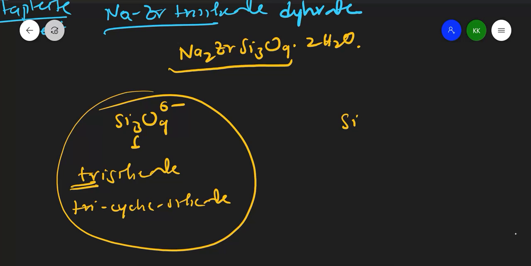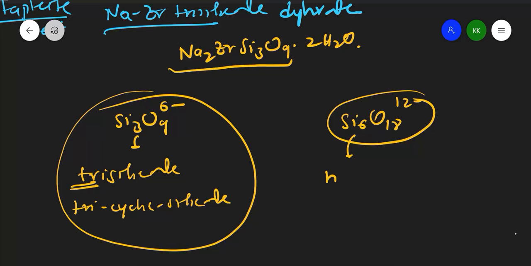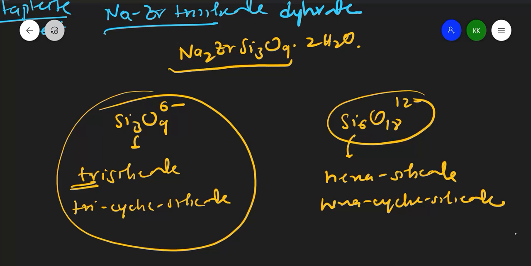If we have the formula like Si6O18 12 minus, how many silicons are there? 6 silicons, so we call it hexasilicate, or we can also call it hexacyclic silicate, right? You should understand, right?